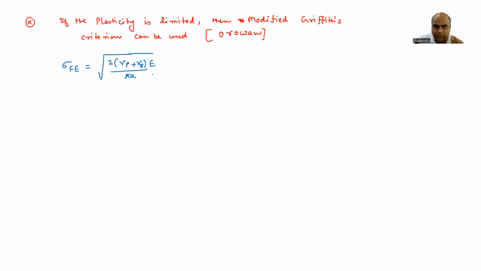So whenever there is a crack tip blunting, we are going to introduce the gamma P, and that is what modified Griffith criteria is all about. Okay. So here gamma S is previously used. So we have been using this surface energy. So gamma becomes gamma S now. Gamma P is plastic deformation energy.